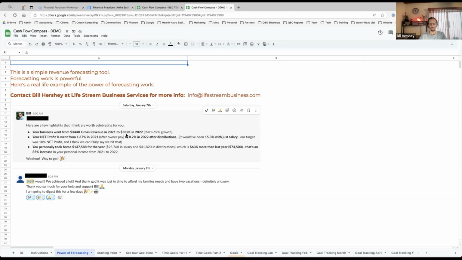But it's through forecasting. We were doing forecasting and basically running her numbers. We set financial goals and we hit a lot of those financial goals. And it was through that, setting a very clear target and then making sure we're navigating our strategy to achieve those targets. That's the power of forecasting.